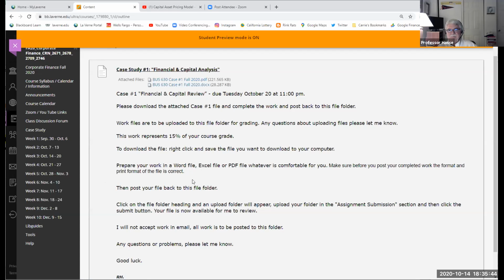That's part of the assessment: how is the student going to interpret the data, calculate the data, and give me their analysis of the material at hand? So don't anybody freak out yet by looking at it while I'm talking about other things, but we'll go over this after the 7 o'clock hour. So that's our first casework. Remember, we have 4 of these during the course of our class. Case number 1 is financial and capital analysis.